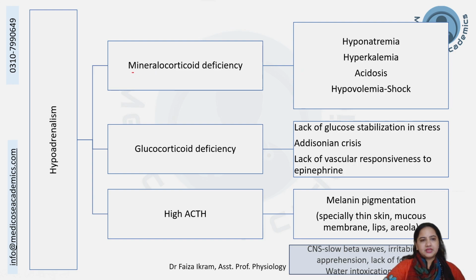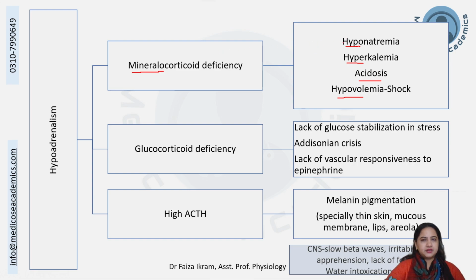If the patient is having hypoadrenalism, mineralocorticoids are less, what will happen? If you remember the functions of aldosterone, you can simply tell. There will be hyponatremia, hyperkalemia, acidosis. When there is hyponatremia, there is decreased sodium reabsorption and decreased water reabsorption, and that can lead to hypovolemia, to an extent that it can also lead to shock.